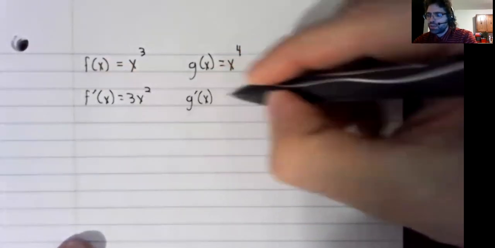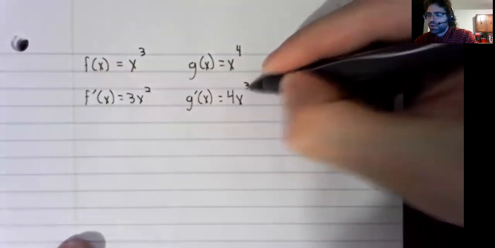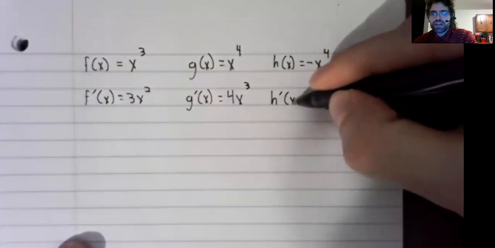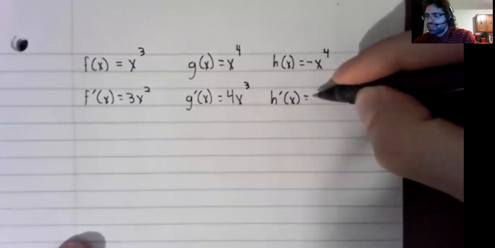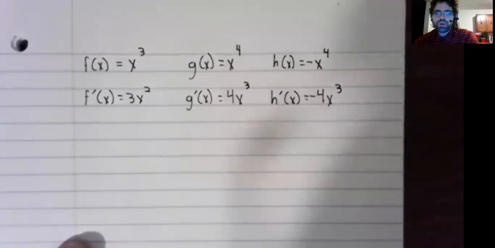G prime of x is 4x cubed. H prime of x is negative 4x cubed.